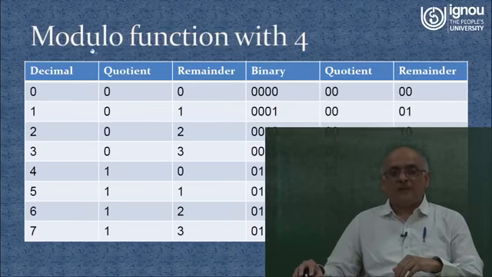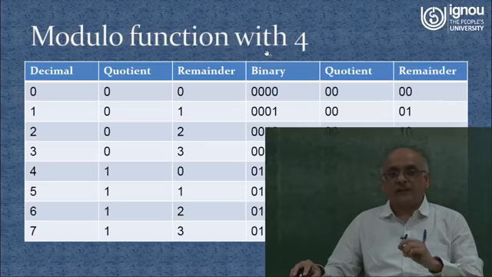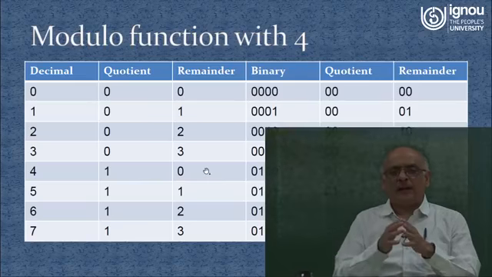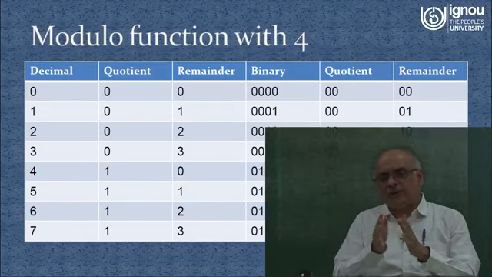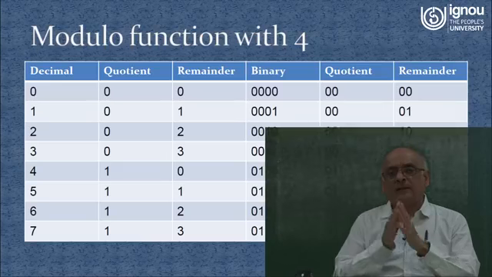Now I have included the modulo function just to explain a very special point to you, something we have been doing a lot whenever we do the cache mapping scheme. I'll try to give an example from real life.